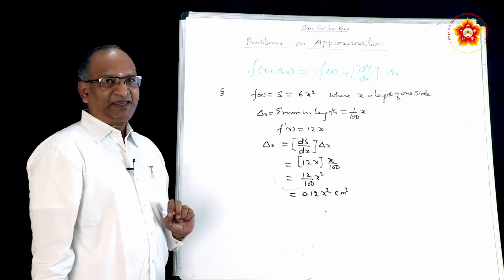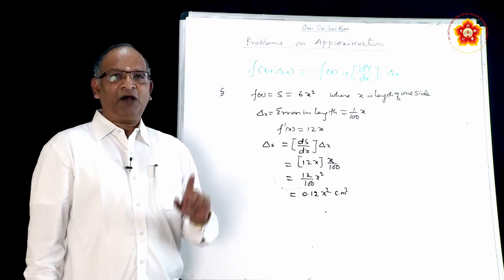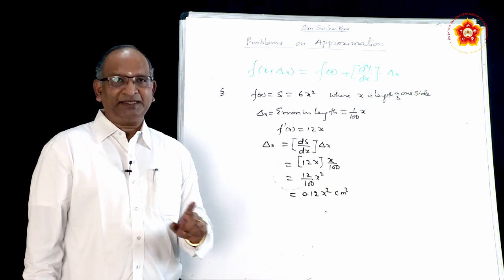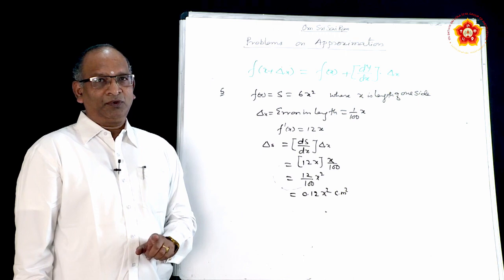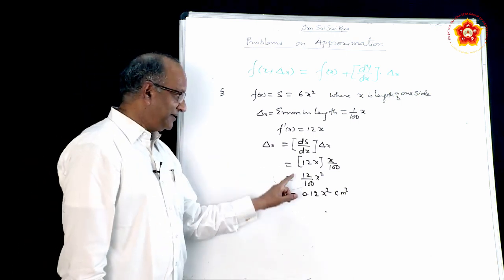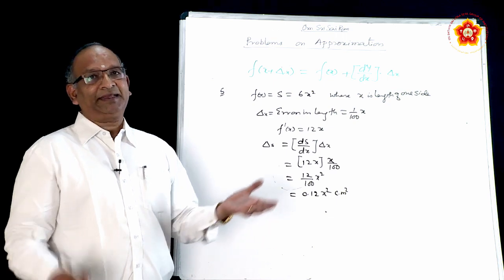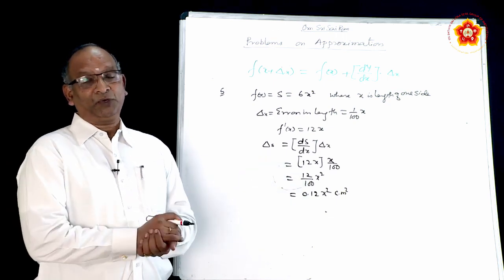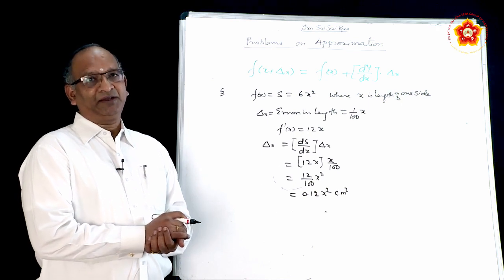In other terms, we can say if there was an error of 1% in measuring the length of one side of a cube, there is going to be 12%. 12 by 100 is nothing but 12% error in calculating the area. You can imagine the risk in taking the values.